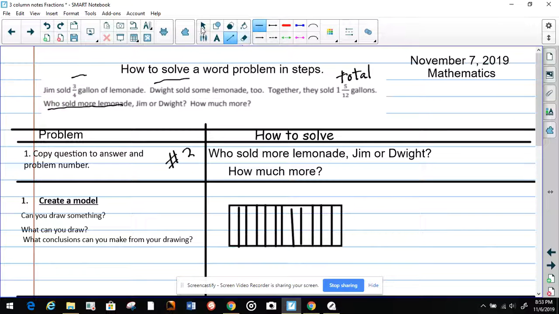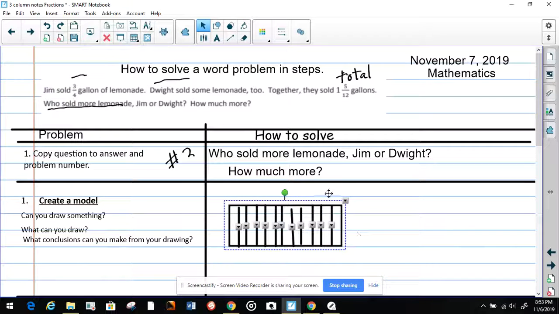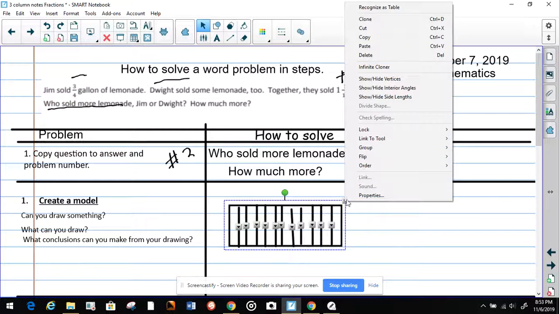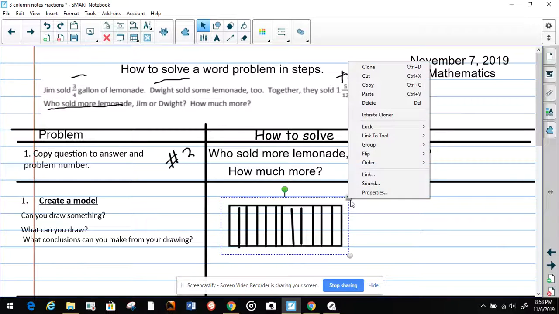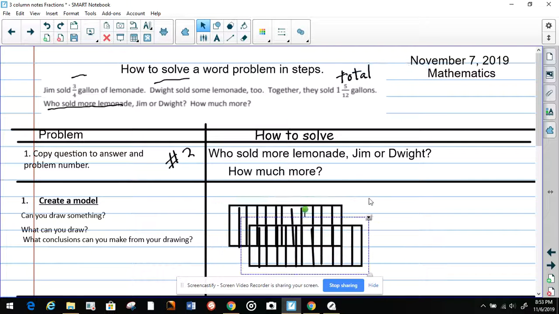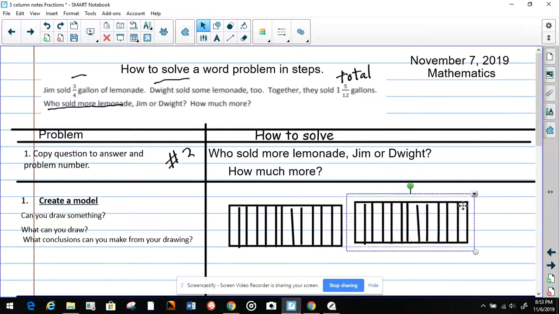So now I'm going to group this so I can do this better. Okay, so let's see, I'm going to select all of this, and then I'm going to group it so it's easier to manipulate. So now I need to create one more. Okay, why do I need to create one more?